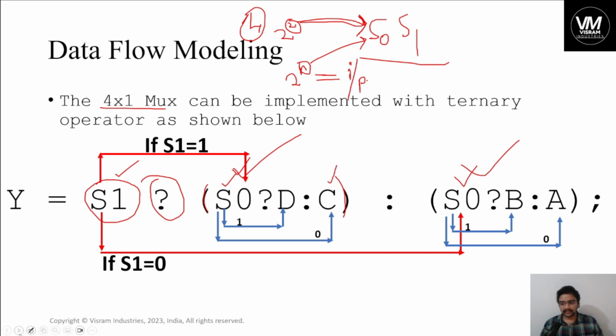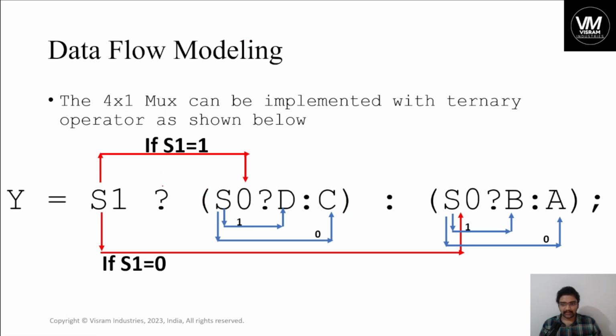Let us consider one by one. Suppose S0 and S1 are equal to 0 and 0, the starting point. Let us come to S0 equal to 0 and S1 equal to 0.